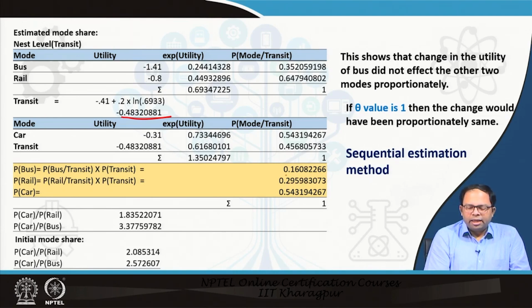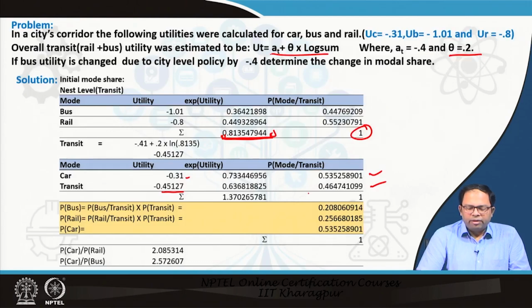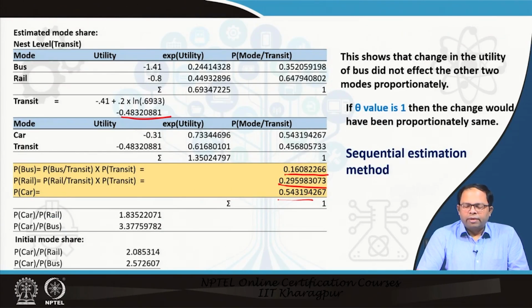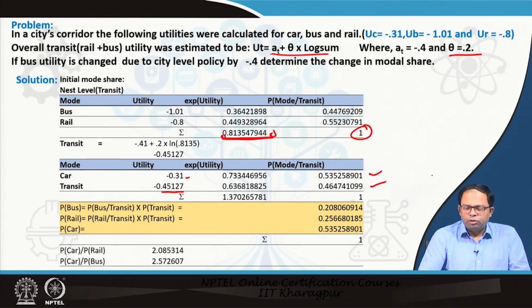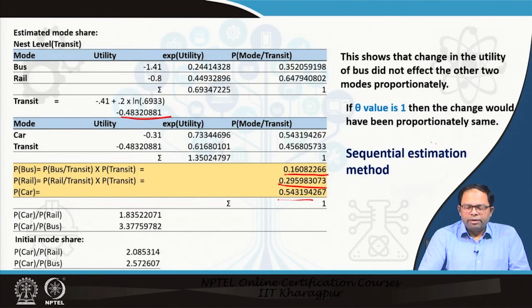So, we can see there is a reduction in bus because the utility has reduced, and most of the utility that was lost is gained by rail, with very little effect on car. Last time the car was around 0.535 and now it is 0.54, whereas rail was 0.256 and now it is 0.295. So, rail has gained much more.